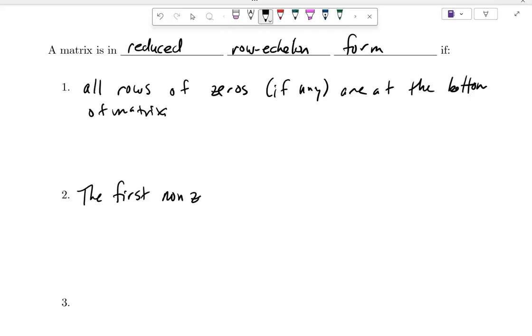For any non-zero row, the first non-zero entry of a row must be a 1. If it's a non-zero row, the first non-zero entry must be a 1.